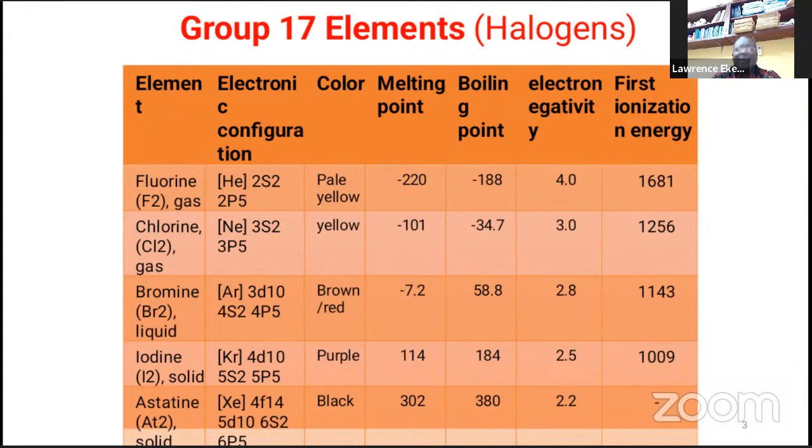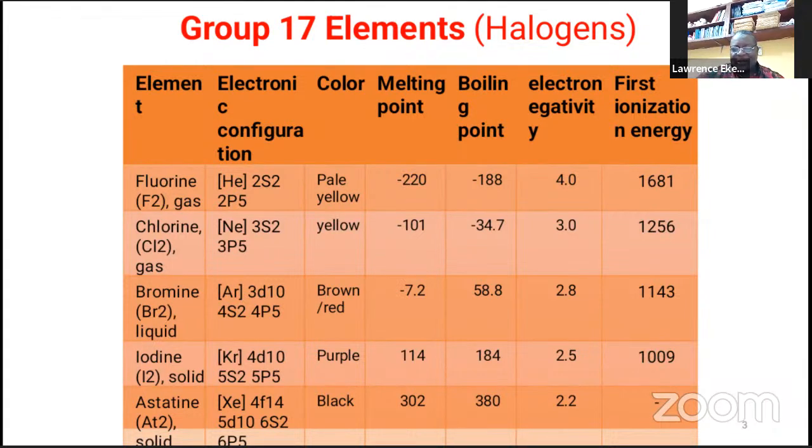The size of the molecules also increases down the group. Why? Because of the addition of protons and neutrons, which makes the number of electrons increase, and as the electrons increase, there is need for additional energy levels. That is why as you go down the group, the size of the molecules increases.